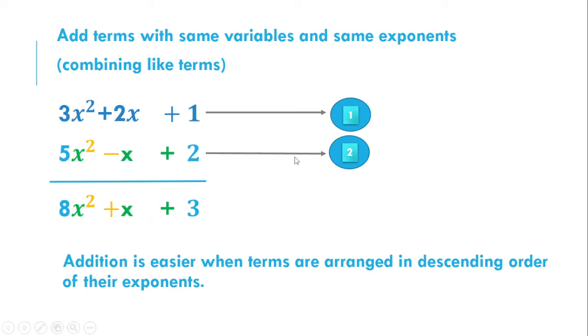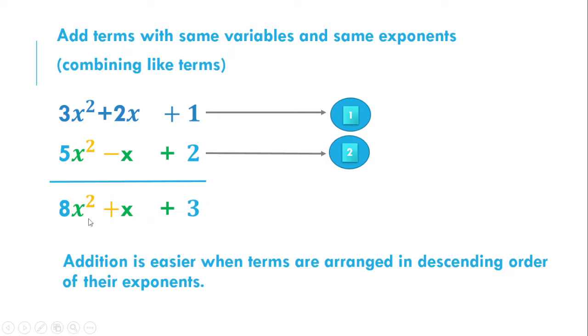Now, after the addition, we compare the first term of the first polynomial with the first term of the second polynomial. We observe that both are having x square, so they are like terms. Then we must add their coefficients. So we will get the answer as 8x raised to 2.